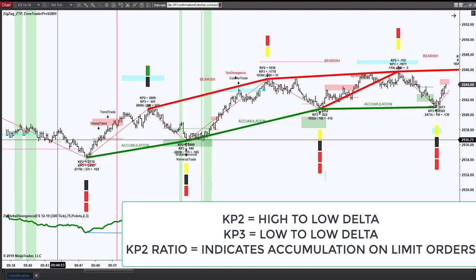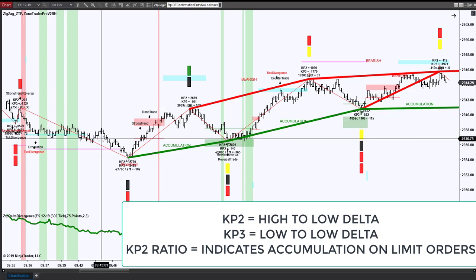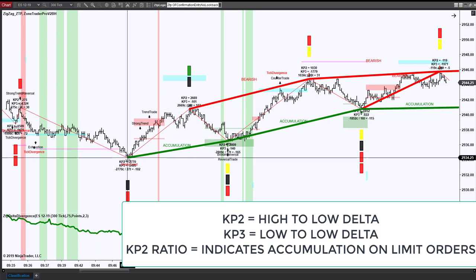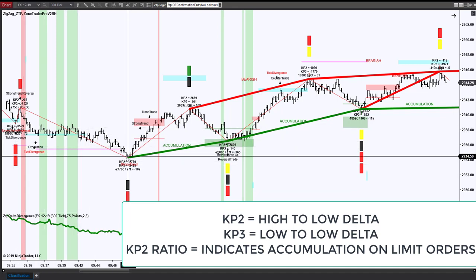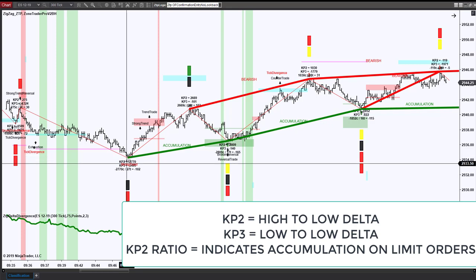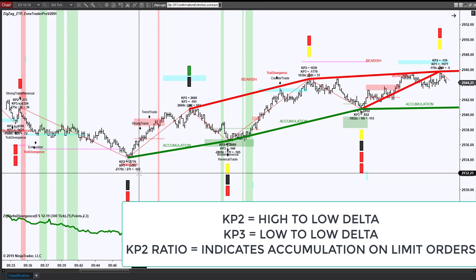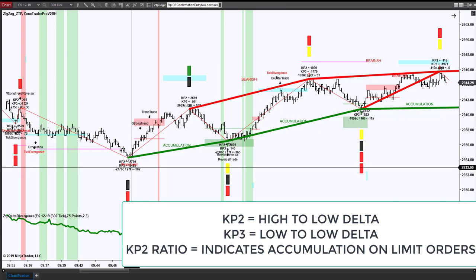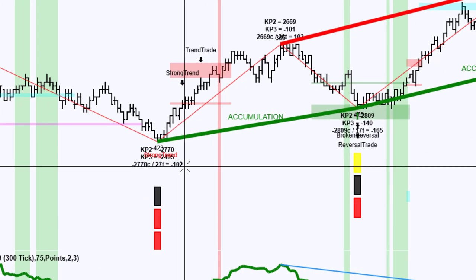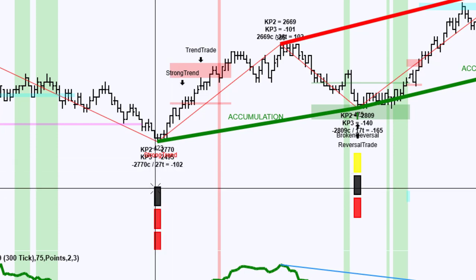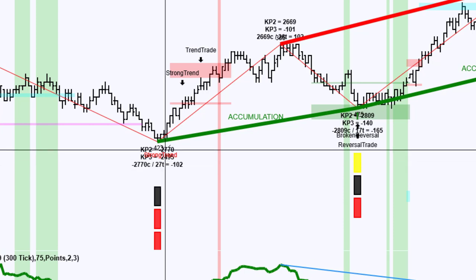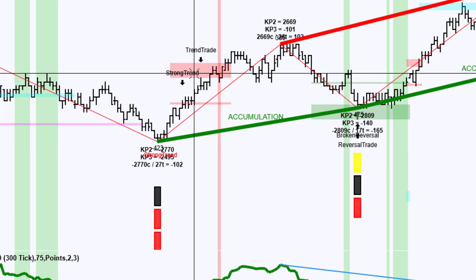The double red means that the high to the low number, the KP2, was very high, and the low to the low number, which is the actual cumulative delta, was also high. But the limit order ratio was a 102, and that gives us the black classification.